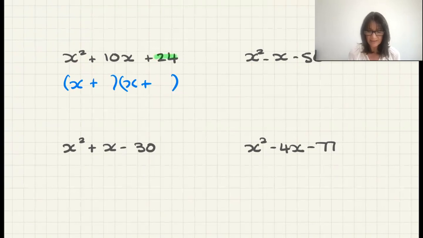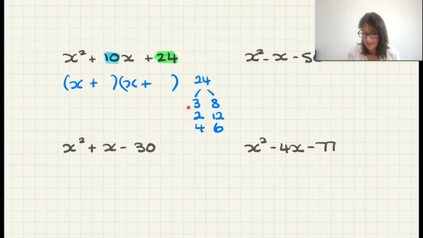And this is what's going to help me find it. So you use the last term and you look at the factors. So 3 times 8, 2 times 12, 4 times 6. I could keep going, find all the integer factors that you can. And then you are going to look at your middle section, and look down here at the numbers that are going to help you make the middle section. Okay, now 3 and 8 could make me 11, could also make me 5 if I was to take away.